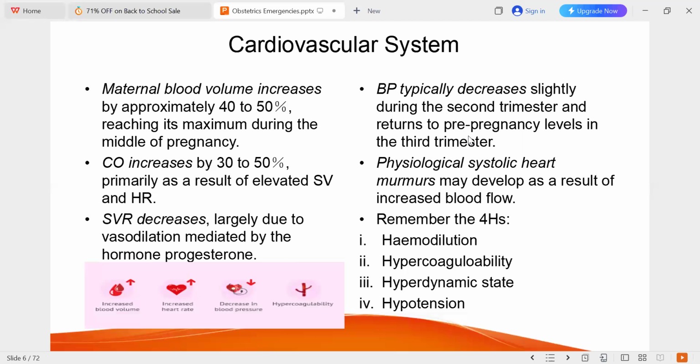Hypercoagulopathy, because of the increase in clotting factors. A hyperdynamic state, due to the increase in cardiac output. And hypotension, the reduction in blood pressure. So just for you to remember, the 4 Hs of the cardiovascular changes in pregnancy.